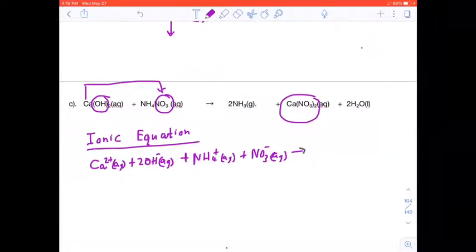And what does it give us? NH3, and NH3 is a gas and it's a molecular substance, so we don't have to break it up, and it doesn't break up into ions, right?